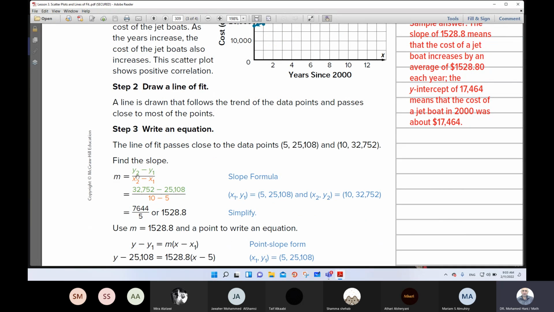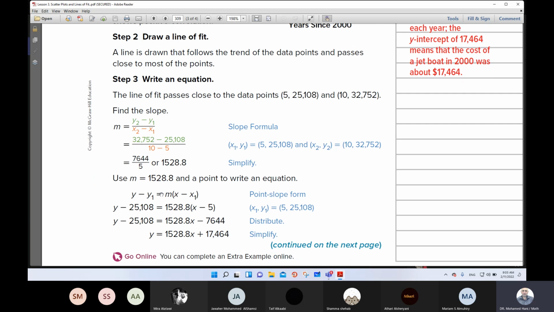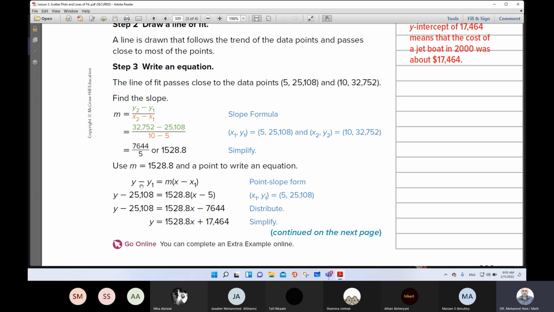For example, y2 is 32,752 minus 25,108, and x2 is 10 and x1 is 5. Then we can solve this expression, and the slope will be 1,528.8. So use m and a point to write the equation. Choose any point from the table. Then use this form: y minus y1 equals m multiplied by x minus x1.